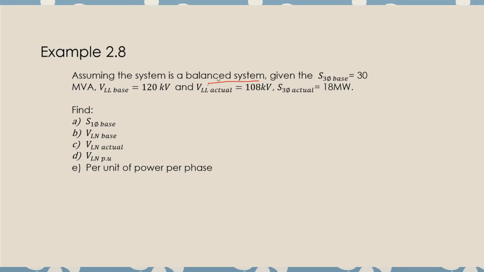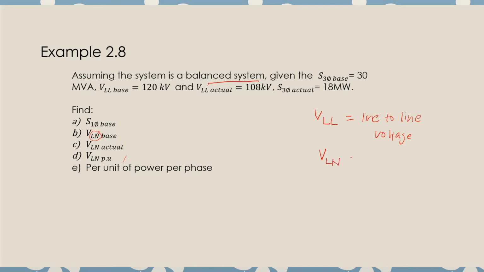If you're still not aware, you see I wrote VLL. This means line-to-line voltage. And in the question, here, it is VLN.